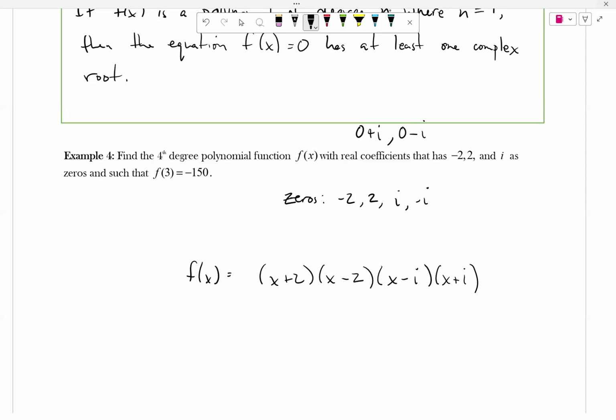But I don't want to see any imaginary portions of this. So yeah, let's multiply out the last two. Actually, let's multiply out what's easy. Those first two factors are pretty easy to multiply out, aren't they? Let's do it. So notice I did leave a space. It's -4. And would you please just check with your neighbor what are those last two factors multiplied out?